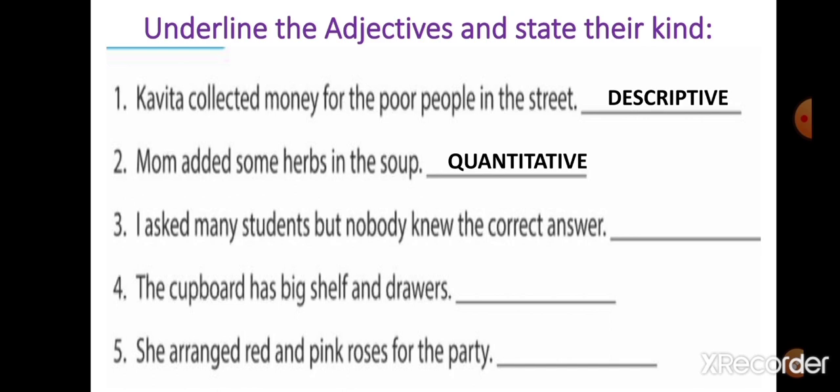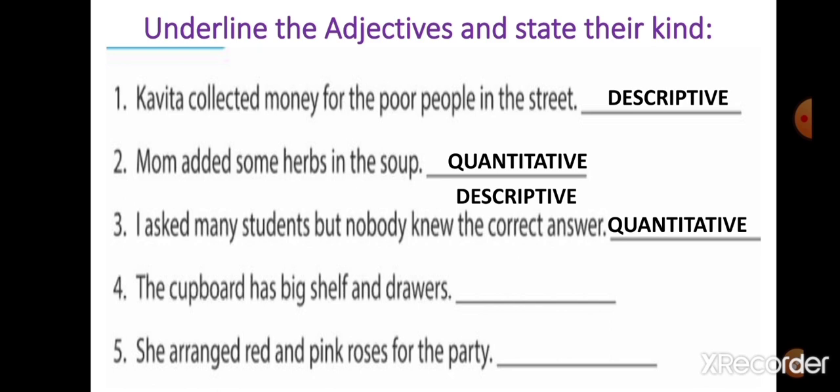Many and correct are two adjectives. Now we have to state which type of adjective they are. Many means quantity. It shows the number of students. So many will be a quantitative adjective. And correct shows a descriptive adjective.